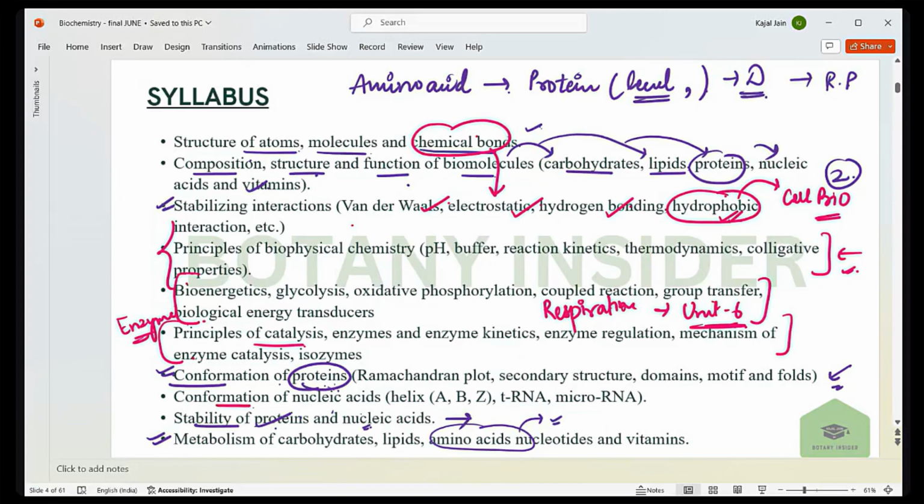Then you have conformation of nucleic acids, where we learn about A, B, Z DNA, tRNA, microRNAs. Now you can yourself understand these mRNAs, A-DNA, B-DNA, all these things should be dealt better in mole bio when we learn about the entire central dogma of biology, right? What is central dogma of biology all about?